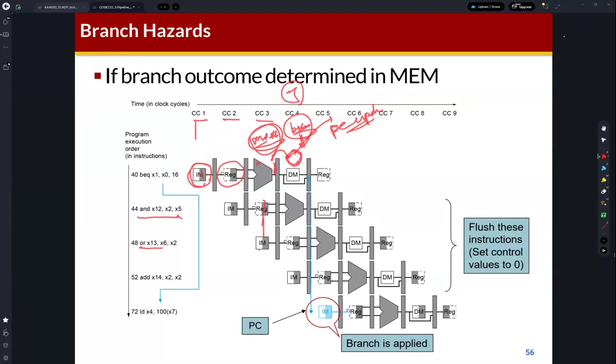But this is the pipeline architecture. So this update will be reflected in the next stage, right? Do you understand? When the branch instruction is in the memory stage, the new instruction is already fetched, right? So this PC update by the branch instruction will be reflected in the next cycle.